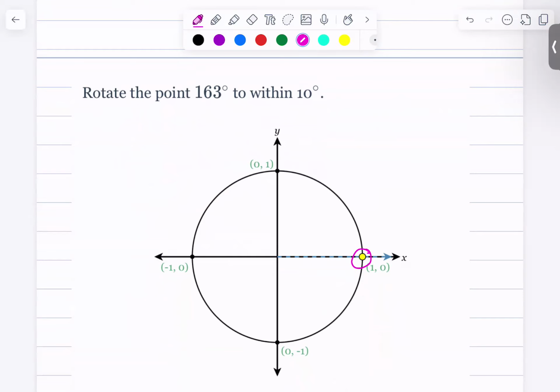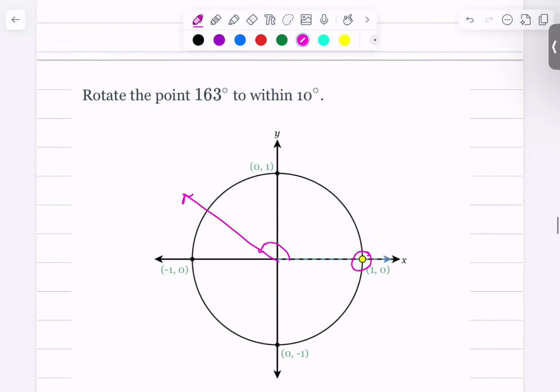So as you rotate that angle, this little thing will pop up, and it'll tell you, hey, I should go a little more. That's around 163 degrees, and you just push it in. Yeah, it's within 10 degrees. So then if you go 173, you're still good. Or 153, you're still good. Okay, it's within 10 degrees.